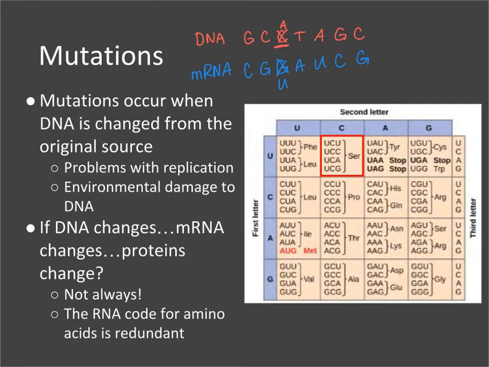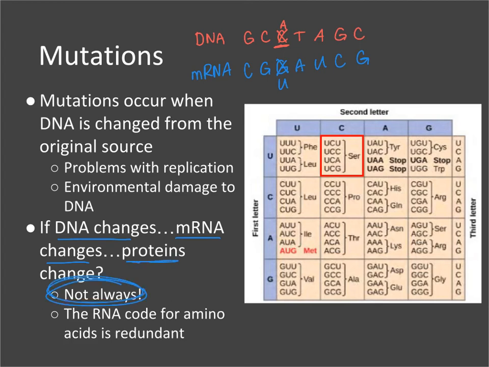Now remember that the mRNA is what the ribosome uses to make a protein. So now we've changed the code, or we've changed the recipe for how the ribosome is going to make this protein. So ultimately, we're going to end up with a different protein that might be the wrong protein. But the good news is, if the DNA changes and the RNA changes, that doesn't always mean that the protein is going to change.